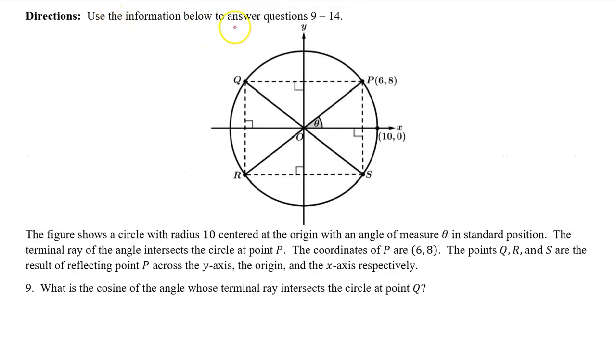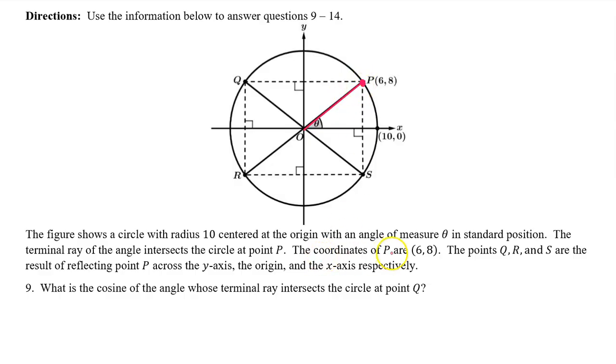Use the information below to answer questions 9 through 14. The figure shows a circle with radius 10 centered at the origin with an angle of measure theta in standard position. The terminal ray of the angle intersects the circle at point P. Okay, that's the important one.